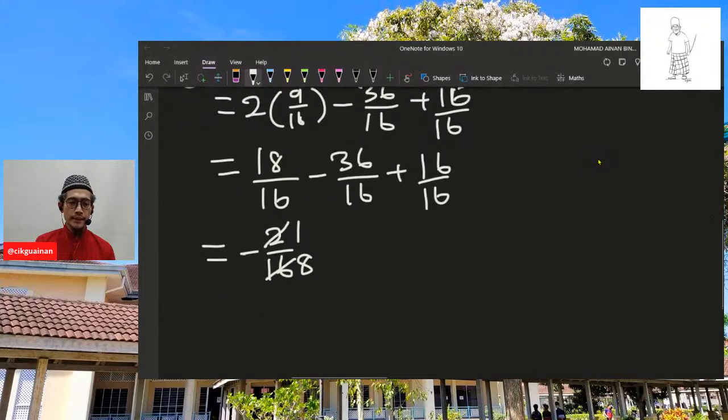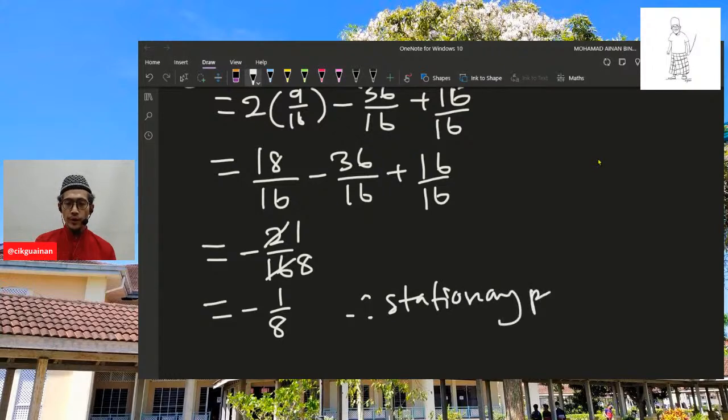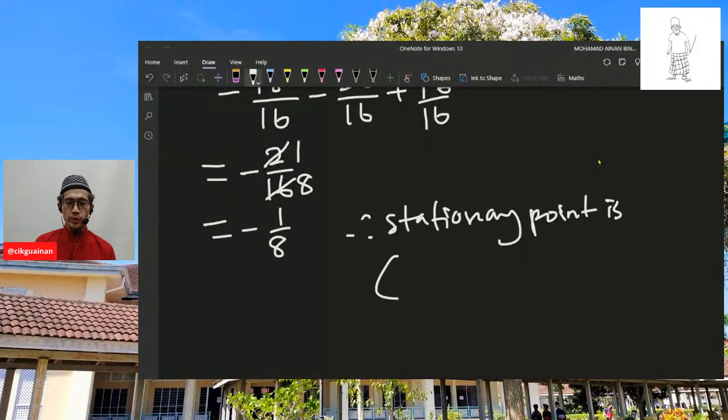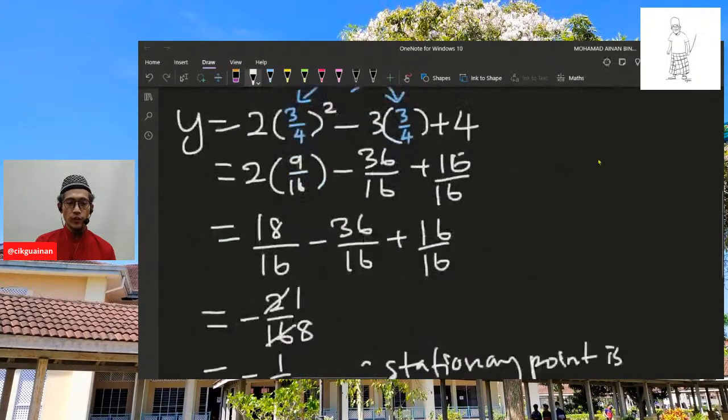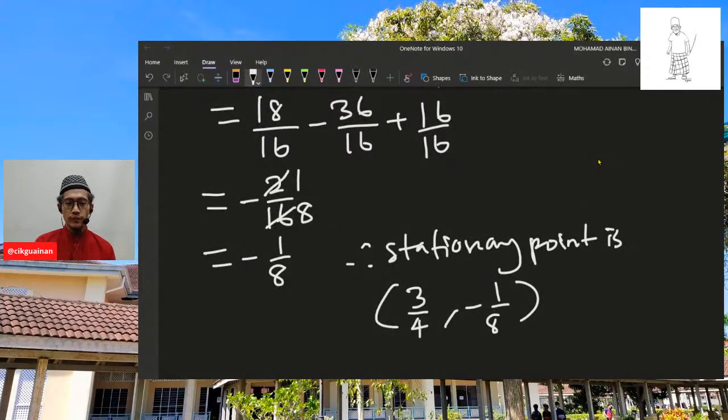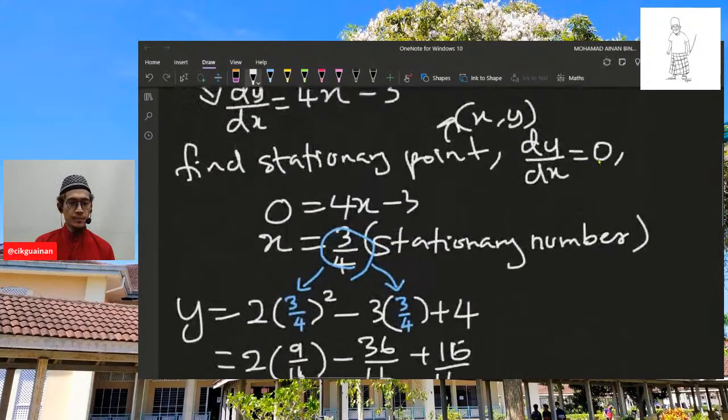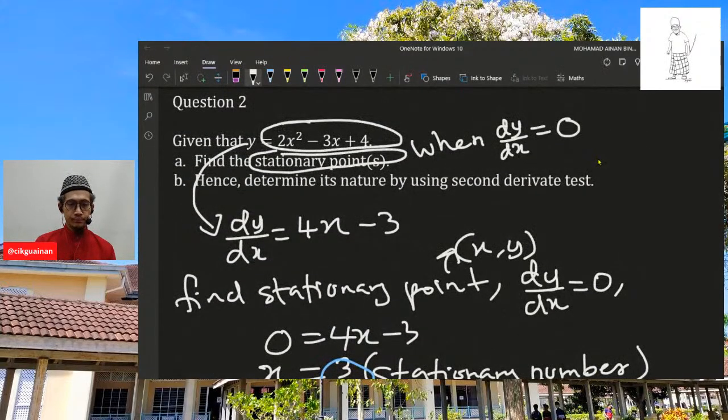So the answer is minus 1/8. Therefore the stationary point is, I do it over here, minus 1/8 and don't forget 3/4. Done with the first part. Only 1 point in this case.